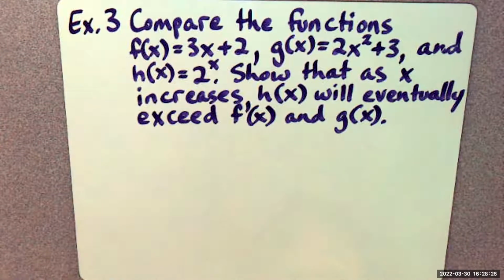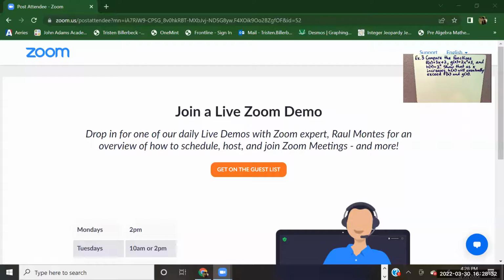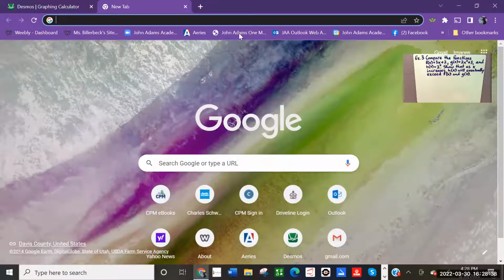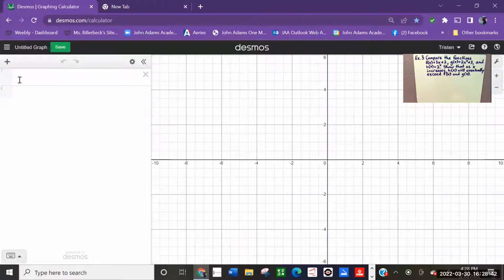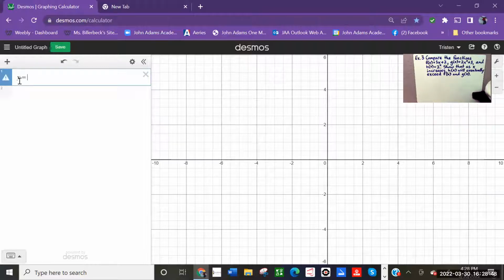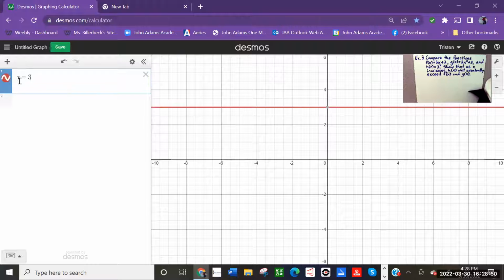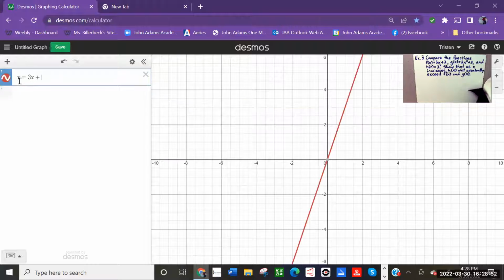All right, so let's go to the Desmos. All right, so first we're going to put in y equals 3x + 2.